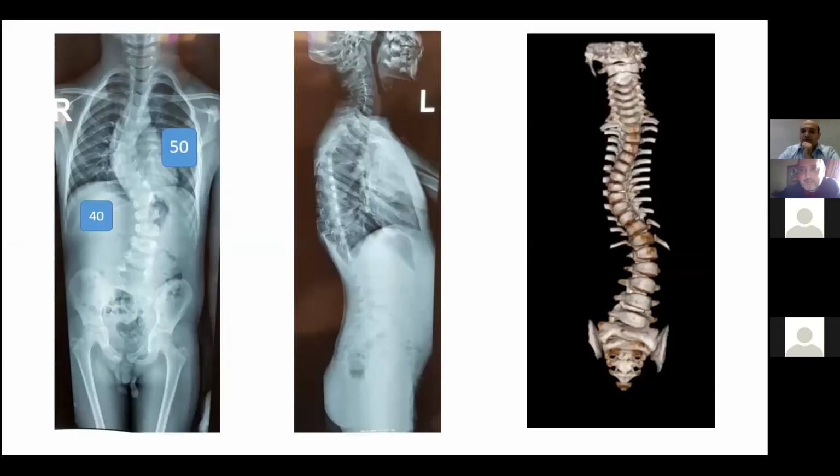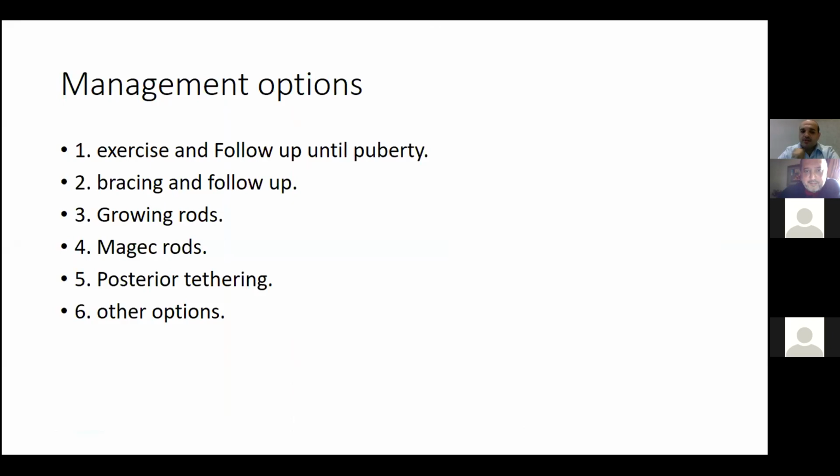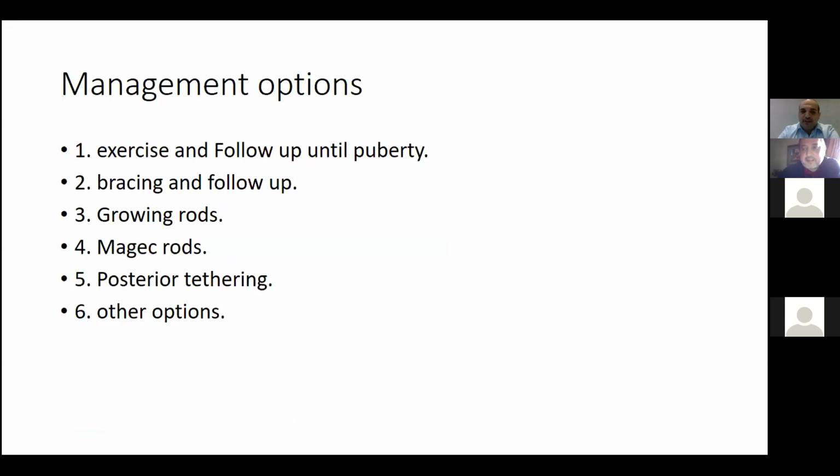Do you prefer to do it, or is it just an option? It is an option, actually. Still not FDA approved, but it's one of the options. Yes, exactly. Okay, so growing rod, you can follow up.